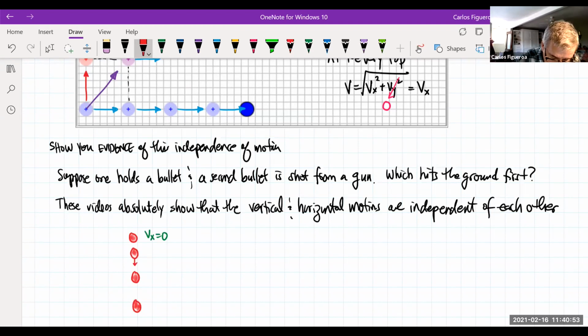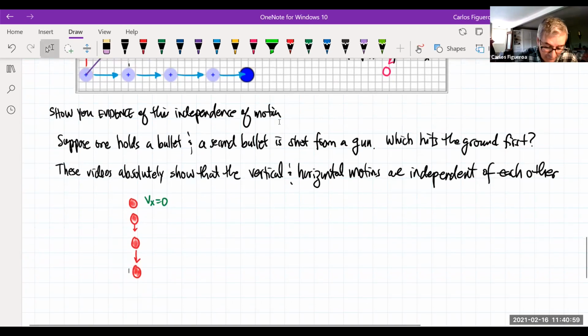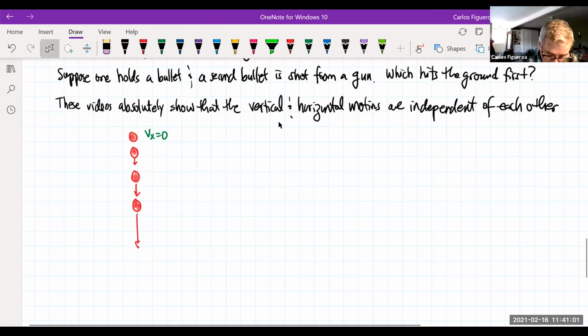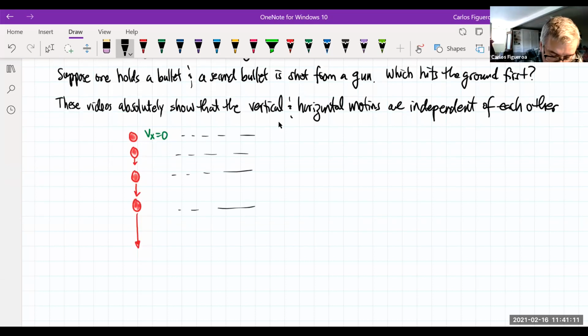There's only vertical motion that you're actually seeing here, right? But then what he has here is that you saw the video here. What you're seeing here is that now there's a second ball that's shot.